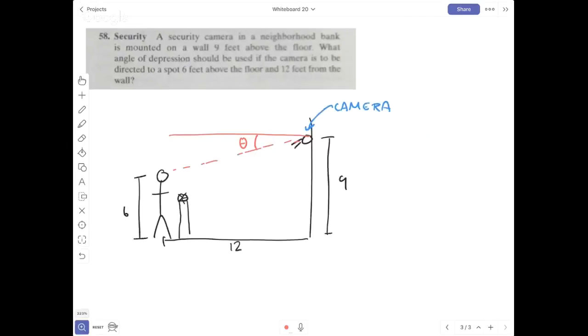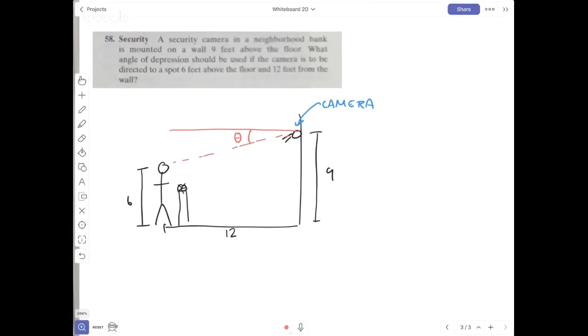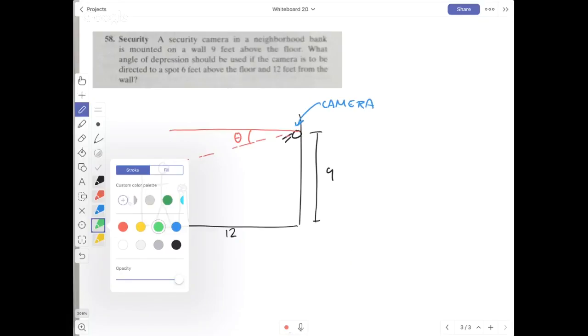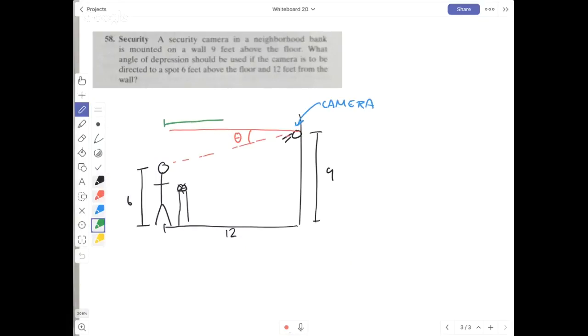So there's my diagram. And now to solve for theta, I'm thinking it's good that I know this adjacent length. So I'm going to write that in here. This is adjacent to angle theta, and it's still 12. And I should also look for that opposite length in this right triangle, and that's 3, because 6 plus 3 would make 9.